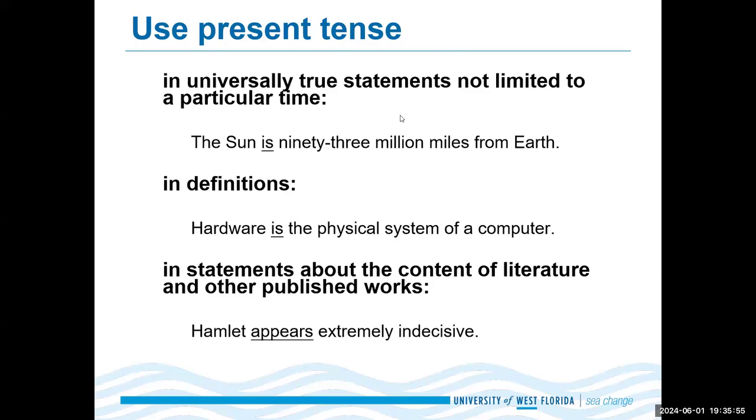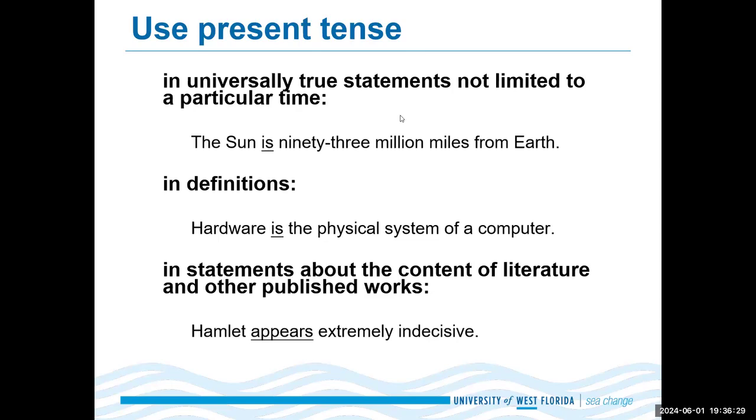That's universally true. That's a true statement, which is a fact, that the sun really is 93 million miles from Earth. In definitions, if you have to define something, you're going to use "is" if the subject is singular. Hardware is the physical system of a computer. You cannot say "hardware was the physical."